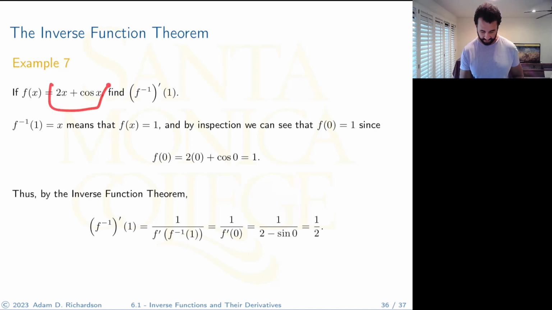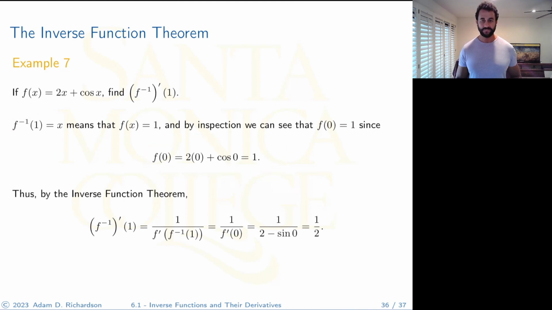If you look at this result here and think about it for a minute or so, you'll realize that 0 is a solution. F of 0 is equal to 1. So if I plug in 0 here, I get 0, and if I plug in 0 here, I get 1. So f of 0 is equal to 1. Since f of 0 is equal to 1, that means f inverse of 1 equals 0.